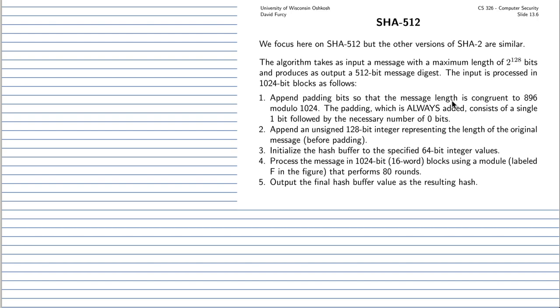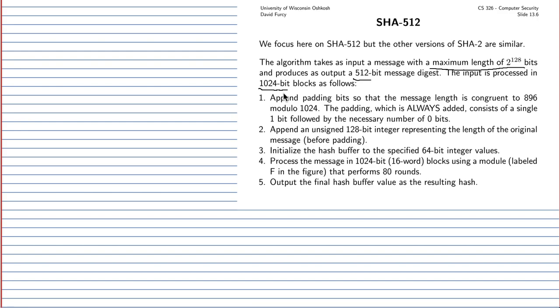This algorithm takes a message whose length is up to 2 to the 128 bits, which is pretty big, and the output, that is the message digest, is 512 bits of a fixed length, as it should be. And remember that this is a block algorithm that processes the input in blocks of 1024 bits.